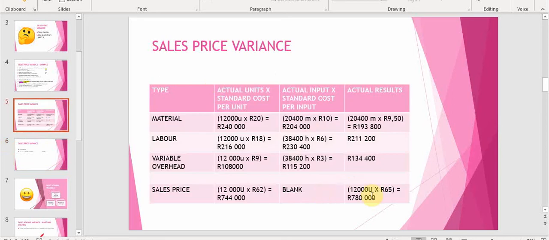So it is that actual result minus that result at the standard price. That is simply how the sales price variance is calculated. It's very easy. You don't even have to worry about inputs. That one is just left blank. So it is just as straightforward as that.